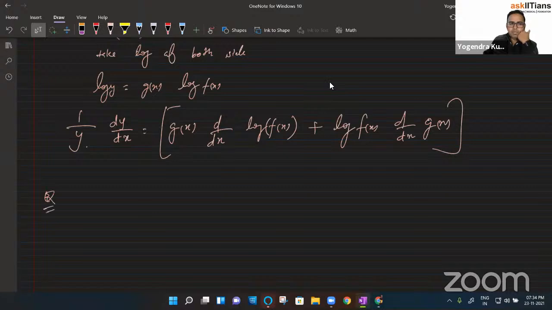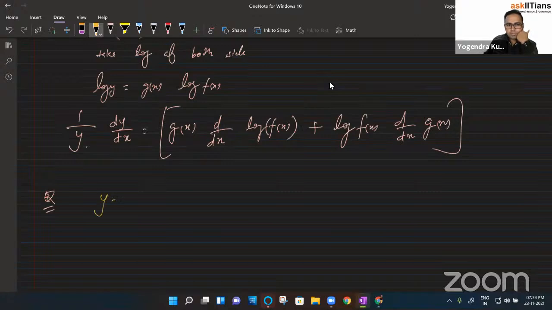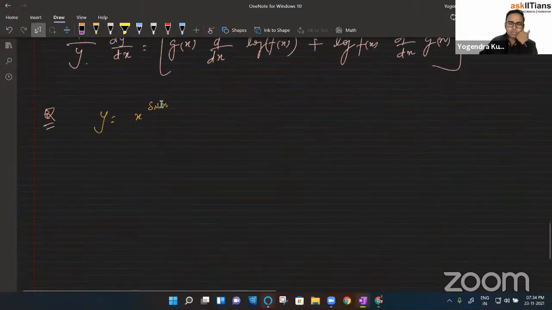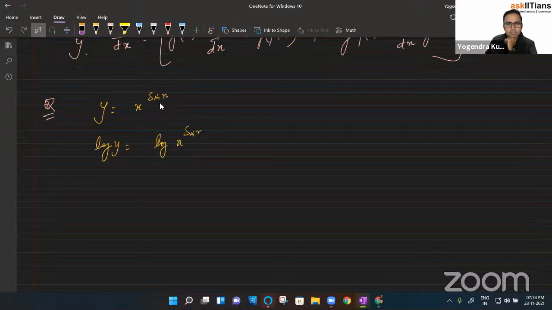Let's take one example like this. We have many examples on this. Let me take y is equal to x raised to sine x. I cannot differentiate it directly, so I need to take log or ln of both sides. So it will become log of x raised to sine x.